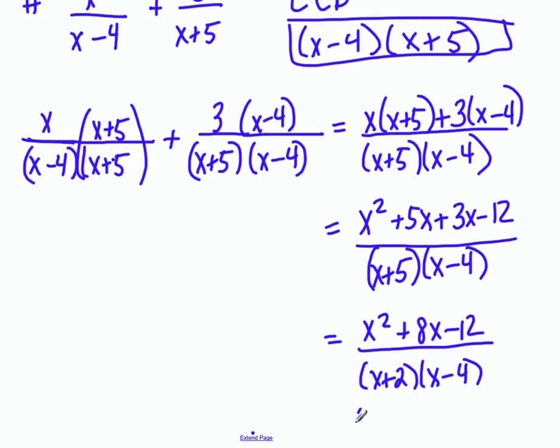If I tried to factor that, it would be x and x, and then to get a negative 12, maybe negative 6 and 2. That kind of looks like it'd work because that's an 8, but it will not work because I have to get a positive 8. Then 7 and 4 won't work. So it's not factorable. So this would be your answer.